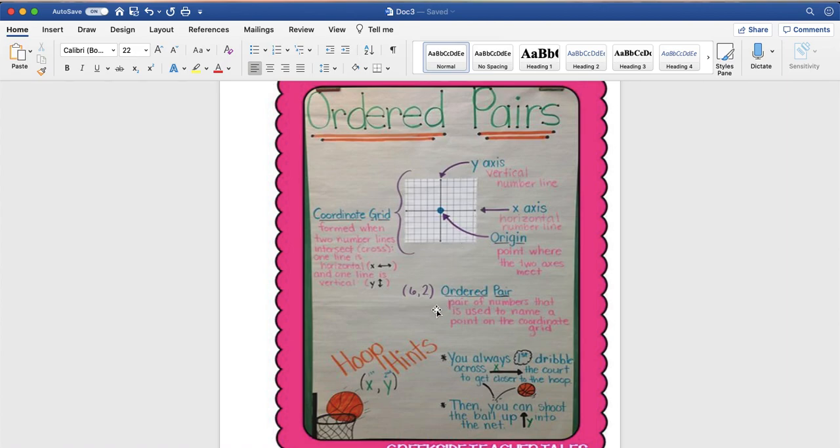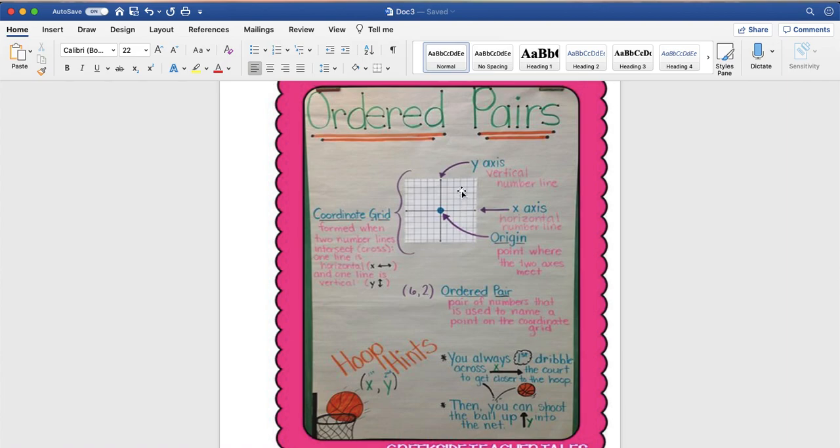Okay, then we have what comes next, our ordered pair. And that tells us the directions of how to get to certain points from our home base. And remember, we always need to run before we can jump.